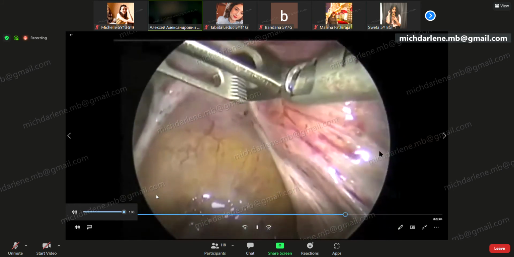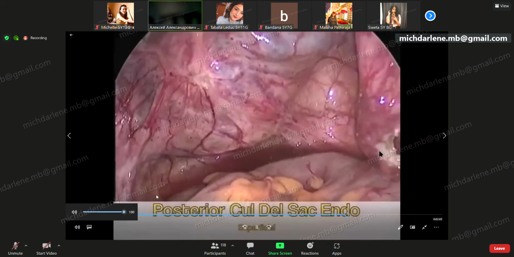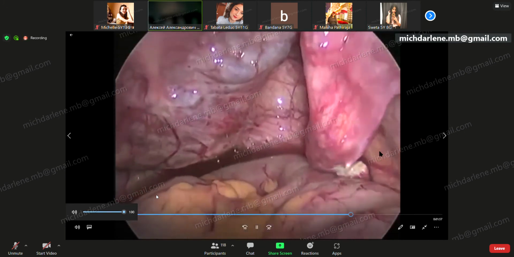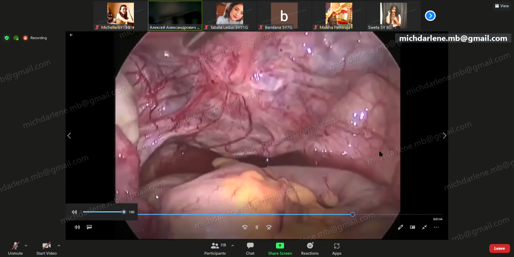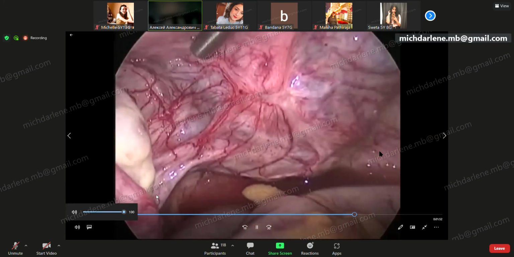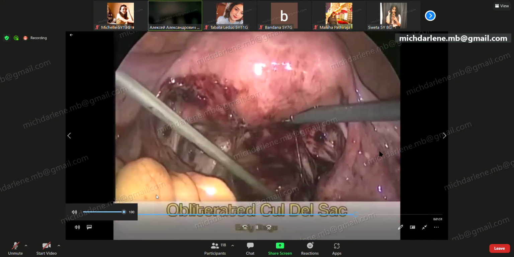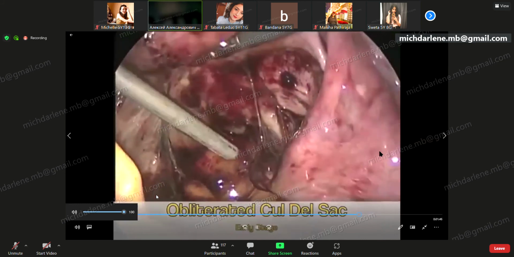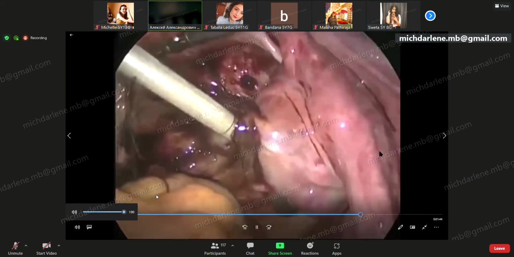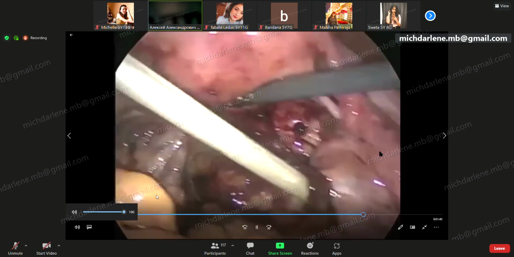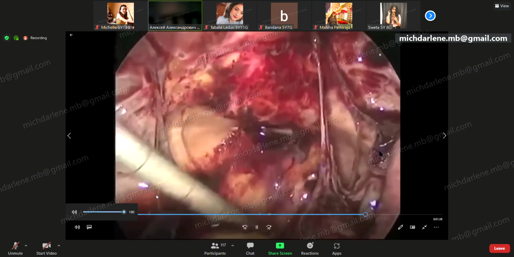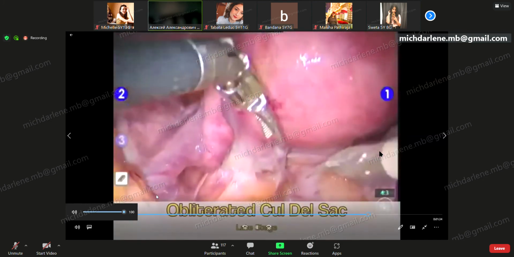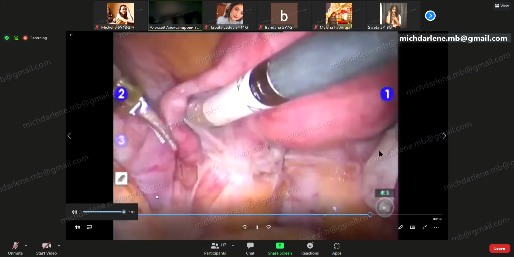Endometriosis on the uterosacral ligament. Posterior cul-de-sac endometriosis. An obliterated posterior cul-de-sac due to severe endometriosis. Another example of an obliterated cul-de-sac due to endometriosis.